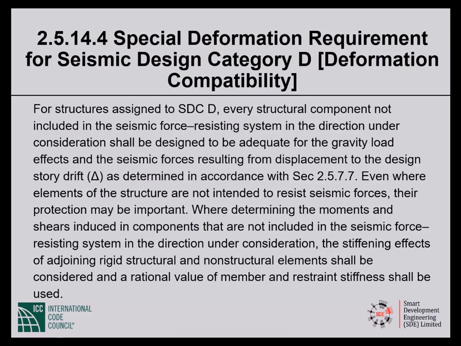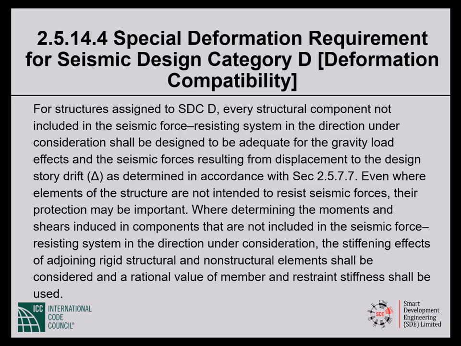For structures assigned to design category D, every structural component not included in the seismic force resisting system in the direction under consideration shall be designed to be adequate for gravity load effects, etc. Instead of reading, I will repeat what I said yesterday. Let's take a building frame system, as we called it. The shear walls carry all the lateral loads, the frames carry all the gravity.